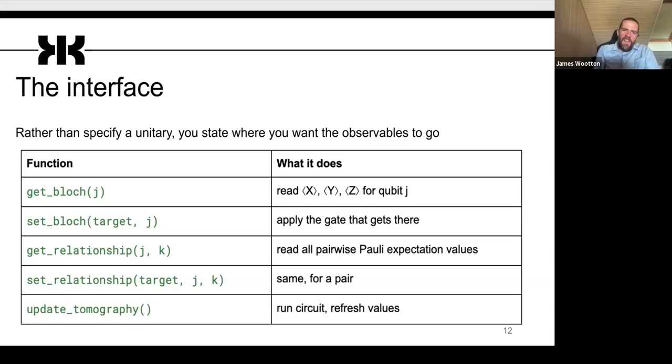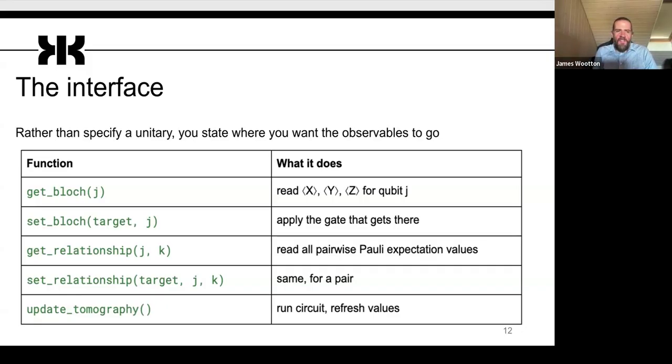So at the level of the user of this SDK, essentially, they're only thinking in terms of, I want to see what these variables are, and I want to command what they should be. And they're not thinking about what the actual quantum gate is, whether it's a Hadamard or an S gate or whatever.